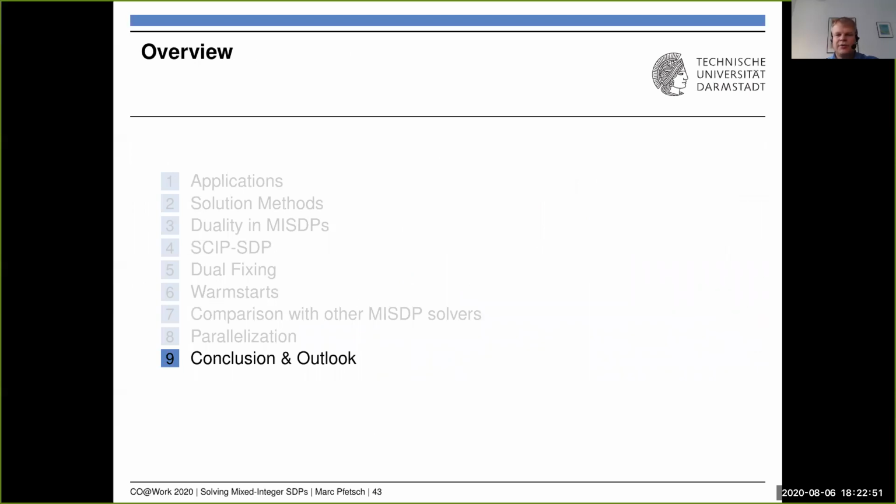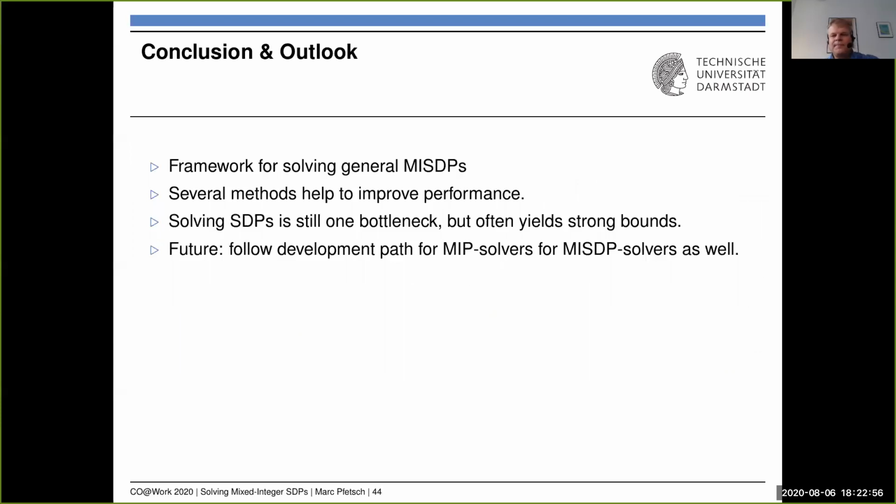Okay, so let me come to the conclusion and outlook. I hope that you got an impression of how to solve general mixed integer SDPs. I tried to highlight some components. Of course, this was very quick, and I'm inviting you to read more in the publications or ask me. It's an interesting class of problems that I think will gain importance in the future.